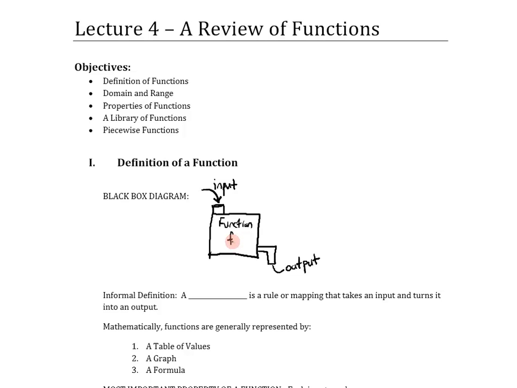But with formulas, we can plug in other variables. We can plug in other expressions into them. Something happens inside the function, and then out comes something new. So an informal definition might be that a function is some kind of rule or mapping that takes an input and turns it into an output.